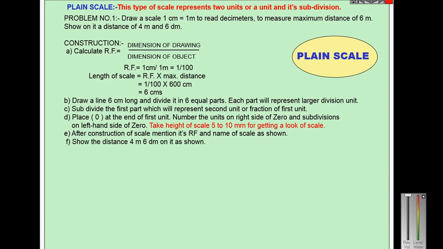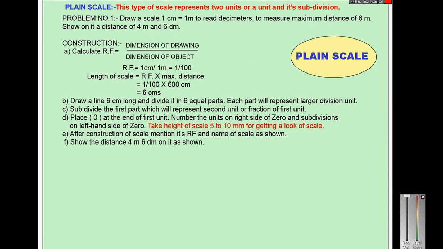The first question is problem number 1. Draw a scale 1 centimeter is equal to 1 meter to read decimeters, and to measure a maximum distance of 6 meter, and show on it a distance of 4 meter and 6 decimeter. So first of all, our aim is to calculate the RF.